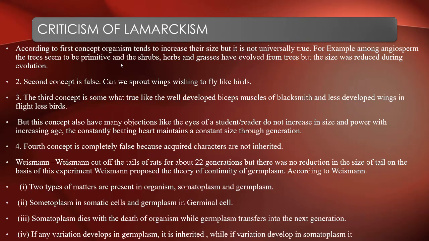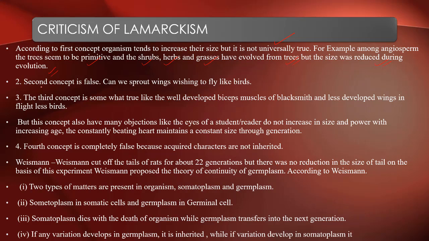Okay. Now coming to the next topic, criticism of Lamarckism. What are the different points which give a sense of criticism to Lamarck? They don't follow Lamarckism. According to the first concept, organisms tend to increase their size, but it is not universally true. For example, among angiosperms, the trees seem to be primitive, and the shrubs, herbs, and grasses have evolved from the trees, but the size was reduced during evolution.